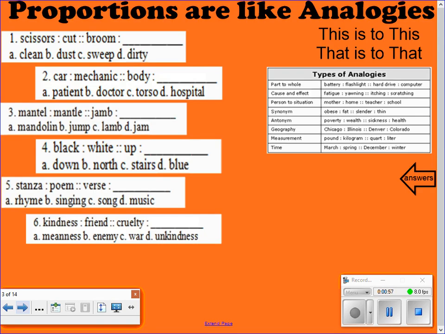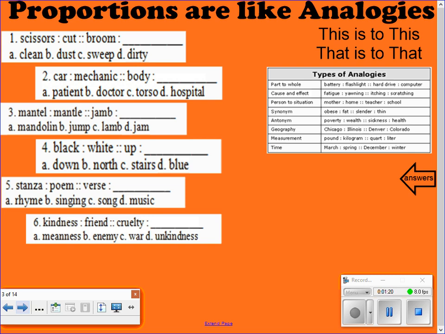When we talk about proportions, proportions relate to analogies. These are things where we look at this is to this as that is to that. Proportions are the same thing. There's a specific outcome or a specific relationship between two things. So we can see that scissors are to cut as broom is to sweep, right?